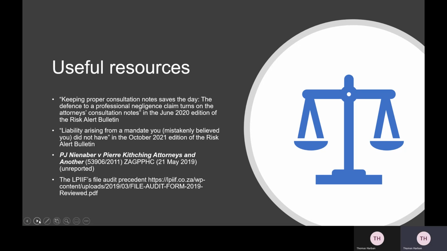The article in the October 2021 Risk Alert Bulletin is really about two cases. In the first matter, an associate employed at a firm accepted an instruction from plaintiffs who were suing the Minister of Police.